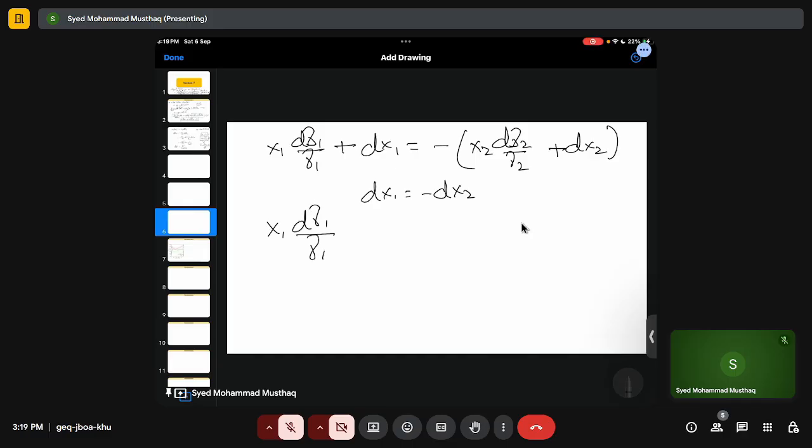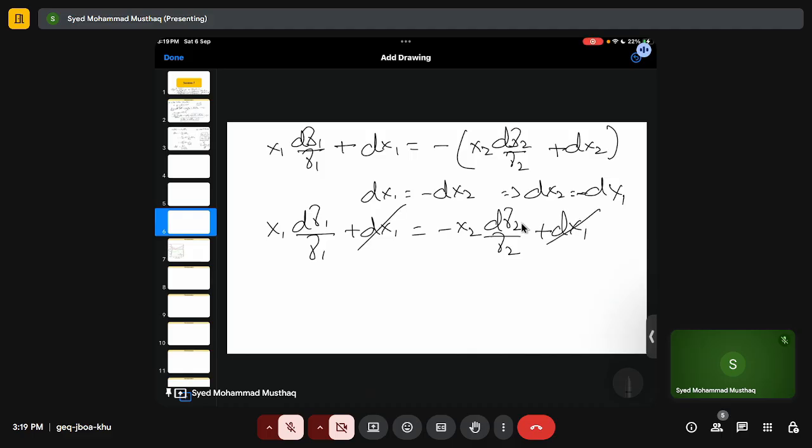When I substitute here, then d1 plus dx1 equals, I will multiply minus, because dx2 will be minus dx1. And there is also minus times minus plus. This will get cancelled.